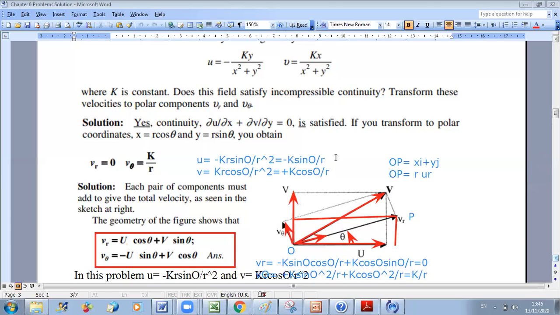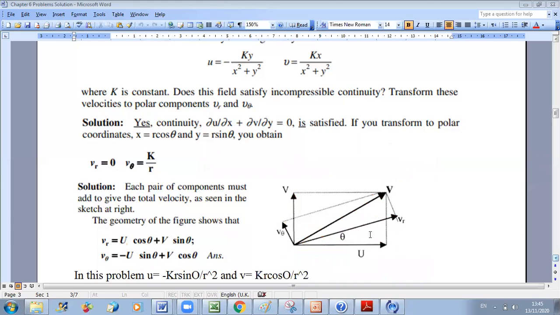Now, for velocity, my purpose is to change to VR and V theta from U and V. So what should I do? All I have to do is project the components of the velocity vector on UR and U theta.